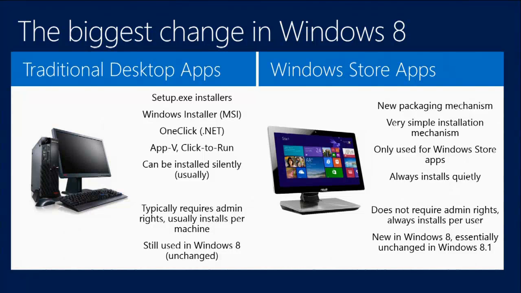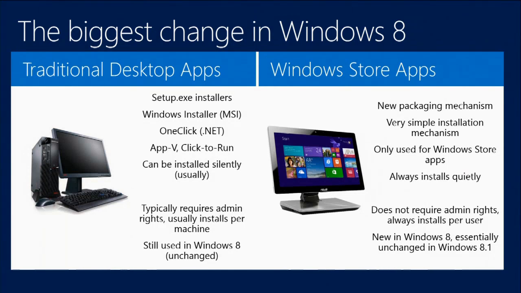And when you're deploying apps inside of an enterprise using those, you're typically just running one of those and trying to run it silently. So how do you run an install of a particular application silently so that it can be used on a Windows computer that's already been deployed? Generally, these traditional desktop apps require admin rights to install. There are exceptions to that.